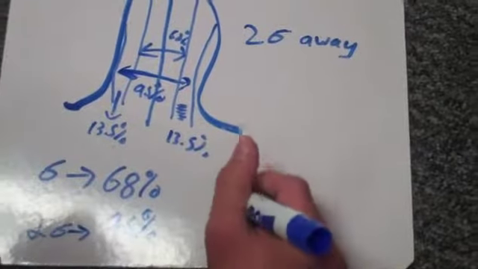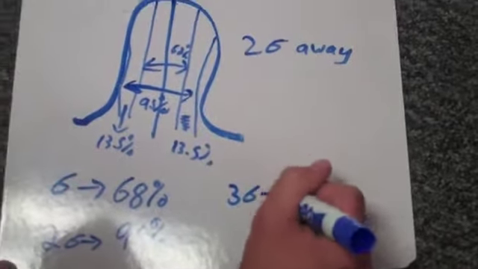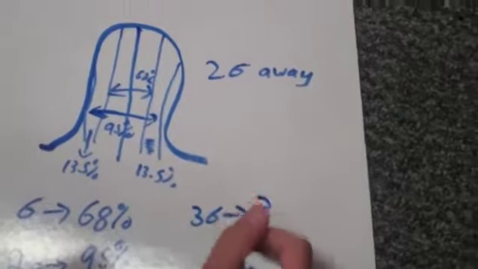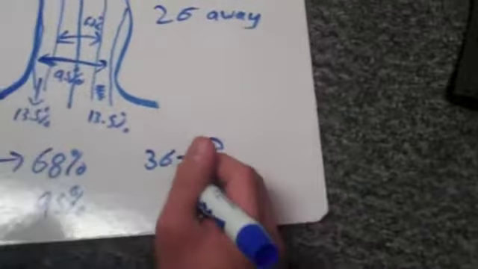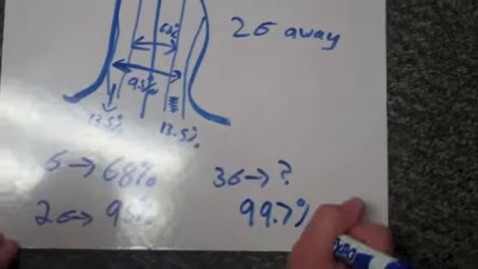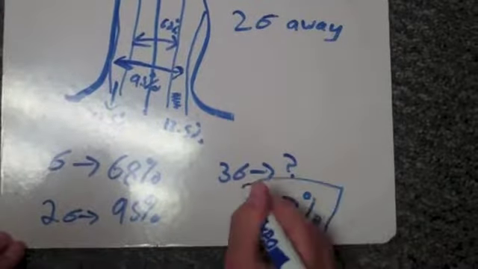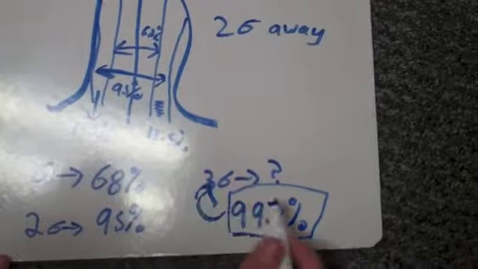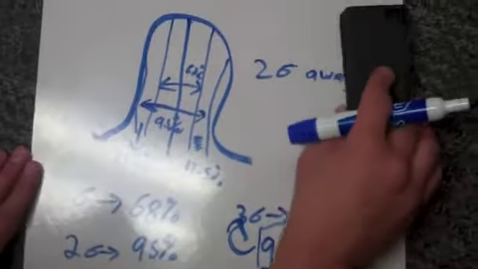Now, what about 3? Most statisticians say that it will be 99.7% of your data which falls in 3 standard deviations.